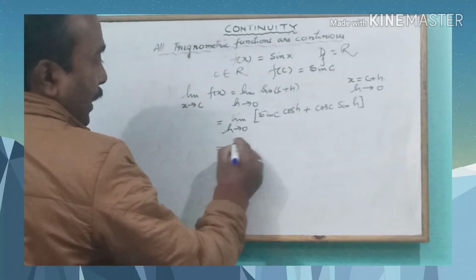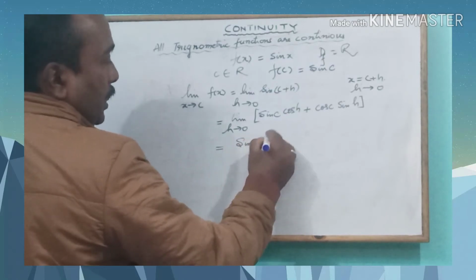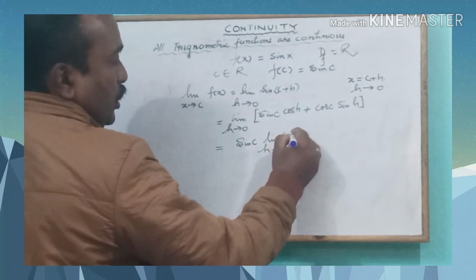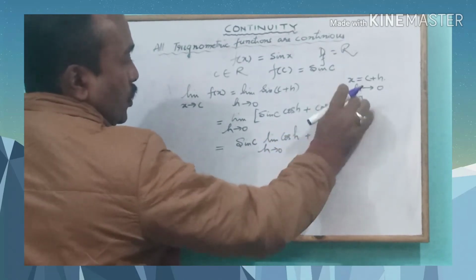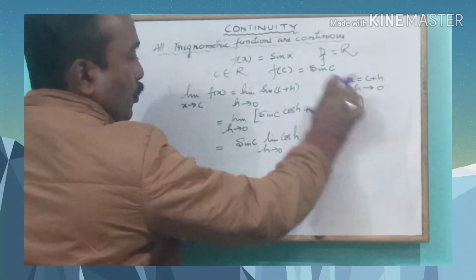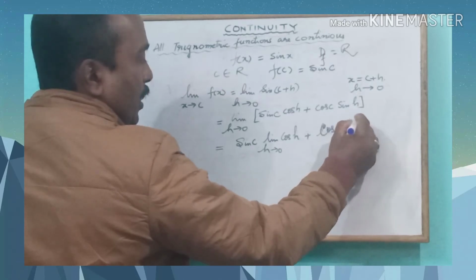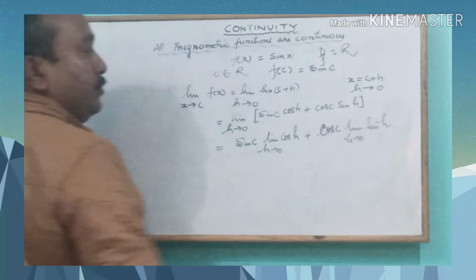Now, taking this constant term, sin c, outside, sin c limit h tends to 0 cos h plus, again cos c is a constant, so we will write cos c outside, cos c limit h tends to 0 sin h.